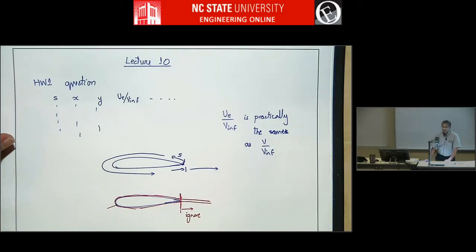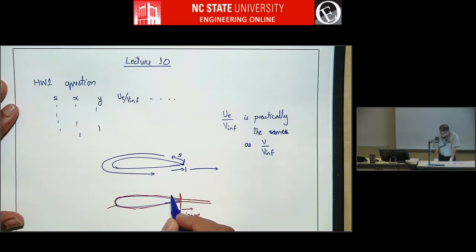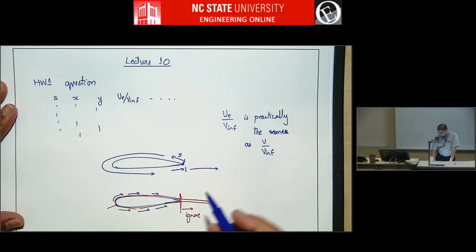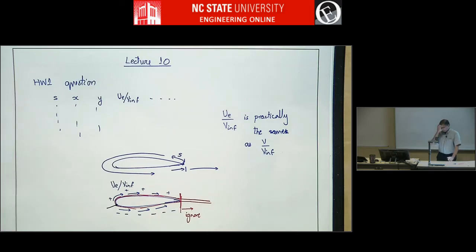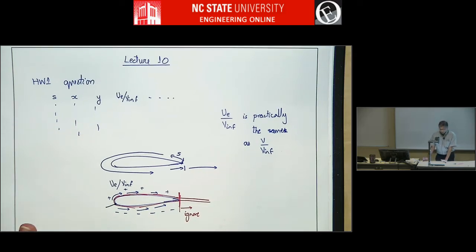This comes from X-foil, and X-foil's sign convention is that the flow is all plus here. This is UE over VINF. And on the other side of the stagnation point, it's negative. But for our plotting purposes, this is also positive.